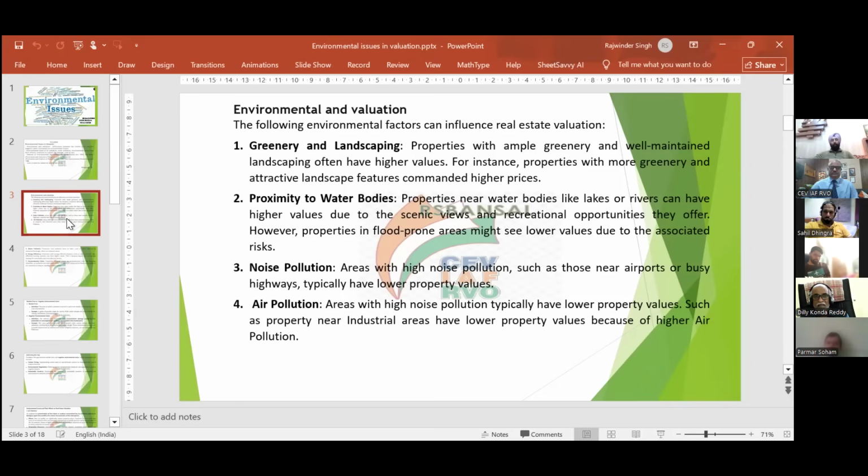And then air pollution. The areas with high air pollution typically have lower property value. As you know, the property in the national capital region where the air quality is very poor, or the property nearer to the industrial areas, has lower property value because of higher air pollution.